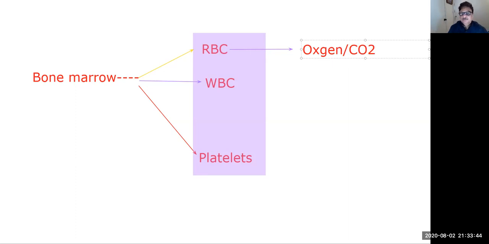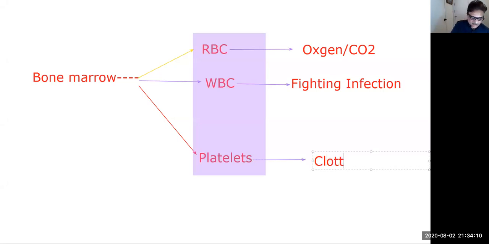WBC is involved in defense mechanism, fighting infection. In other words, they're involved in immunity, right? And the third kind of cells, which I mentioned to you as platelets, they are involved in clotting. We get many micro injuries in a day, and if our blood doesn't clot at the site of injury, then the blood will keep flowing. So platelets are involved in that.